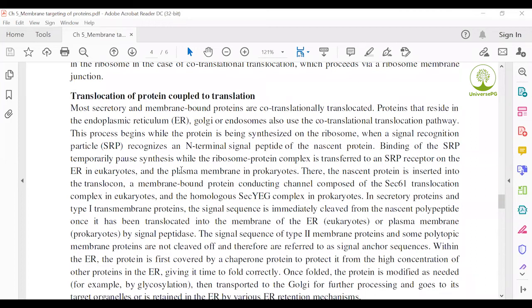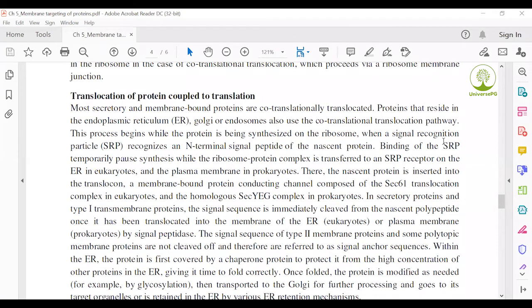Most of the proteins are synthesized in the ribosome, so we call the ribosome the protein synthesis organ. In the synthesis of proteins, some organelles are involved in this process: endoplasmic reticulum, Golgi apparatus, and vesicles. Most secretory and membrane bound proteins are translationally translocated and reside in the endoplasmic reticulum, Golgi, or endosomes, using the co-translational translocation pathway.